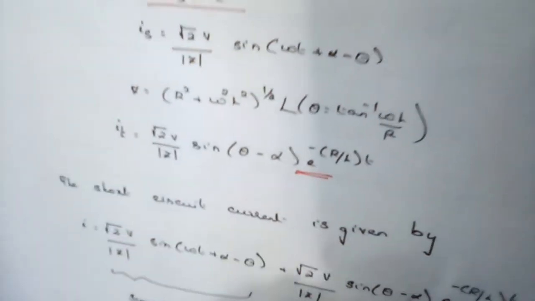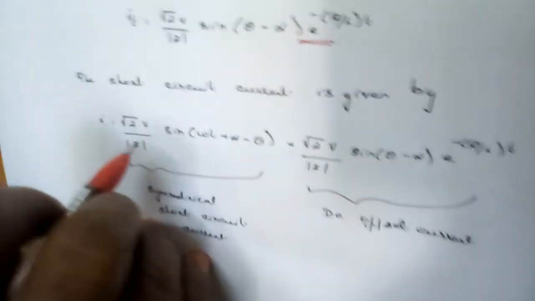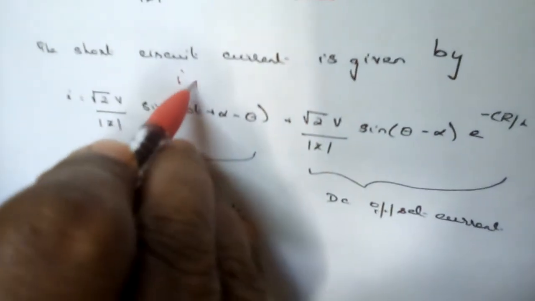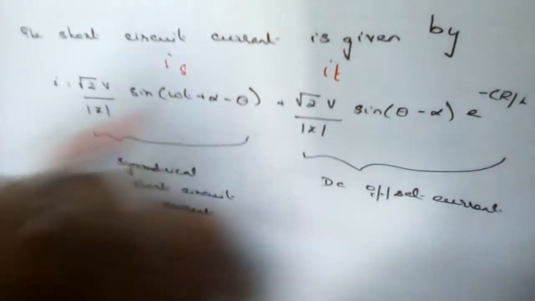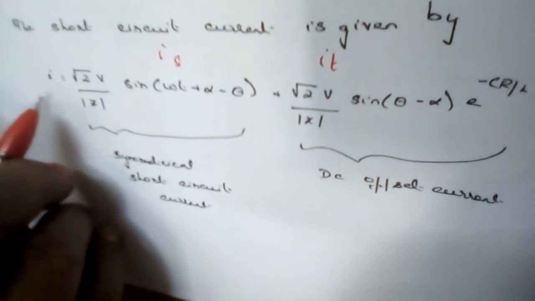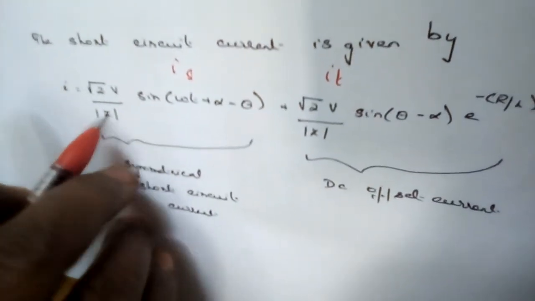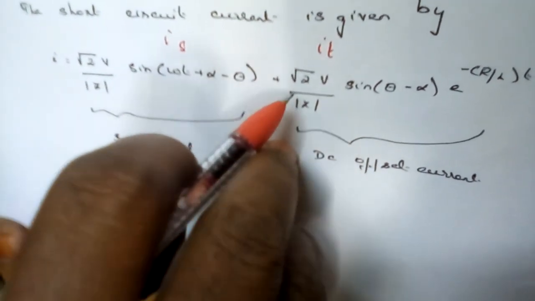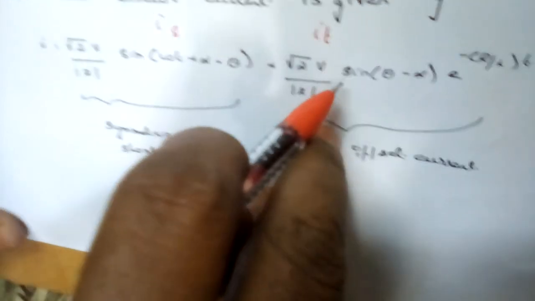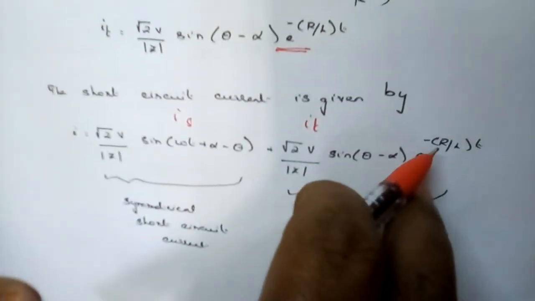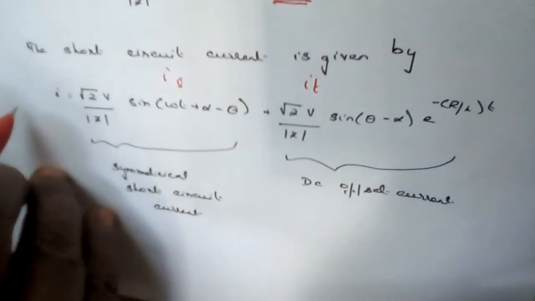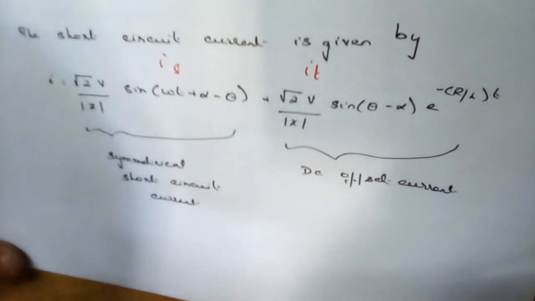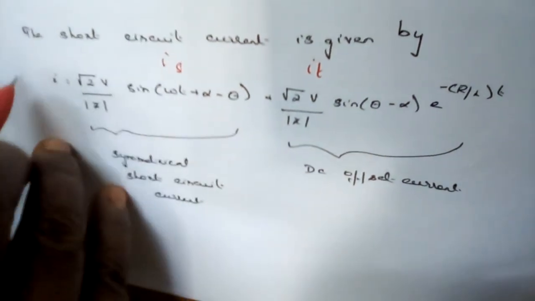The short circuit current is given by the addition of i_s plus i_t, and the short circuit current of the transmission line is given by i is equal to root 2 V by impedance sine(omega t plus alpha minus theta) plus root 2 V by impedance sine(theta minus alpha) e power minus R by L t. This is the current equation for the transient in a transmission line.